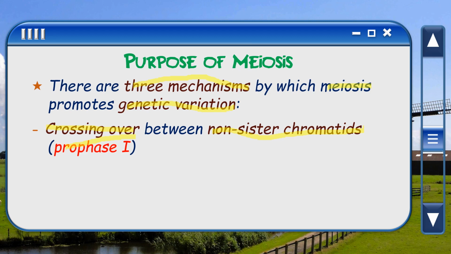Now, when they are in prophase 1, they are going to be separated. They are aligning themselves on the same spindle. But now when the spindle fibers start contracting, they will start pulling these homologous chromosomes to different poles. And in the process of going to different poles, they might have caused a synapse somewhere.